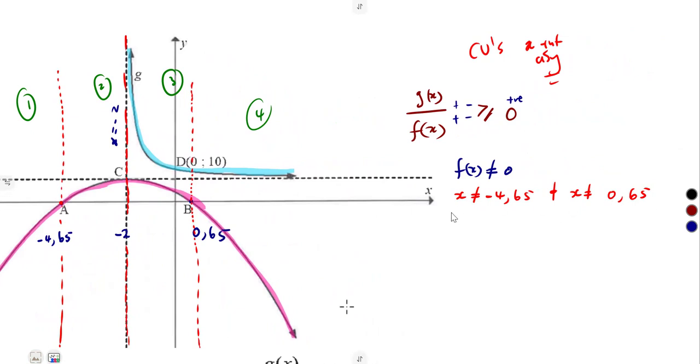Because once this happens, f of x will be equal to 0. And thus our denominator is equal to 0, which is what? Undefined. So that is the first thing that you must put into consideration. So these values are actually excluded as part of our answer.